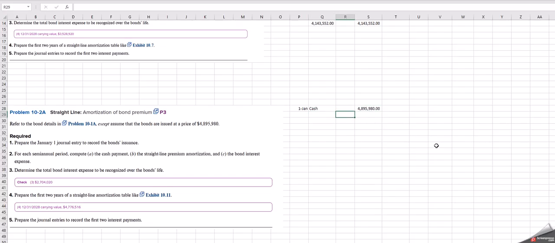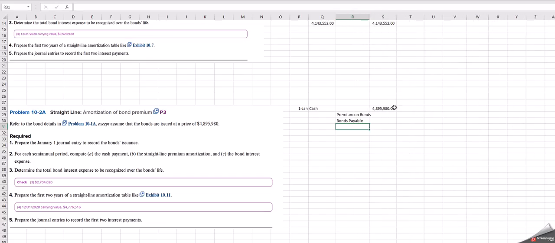Now in this case, we're going to have a premium on the bonds, and then we're going to have our bonds payable. So our premium on the bond is the difference, so the $895,980, and then the bonds are still the $4 million.